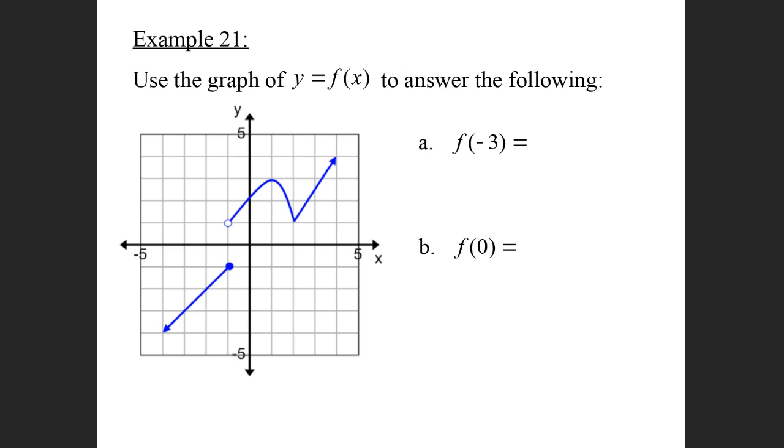All right. Now they're asking us, it's like a review or extra exercises. What is f of minus 3? For this function, what is f of minus 3? What is the image of x equals minus 3?